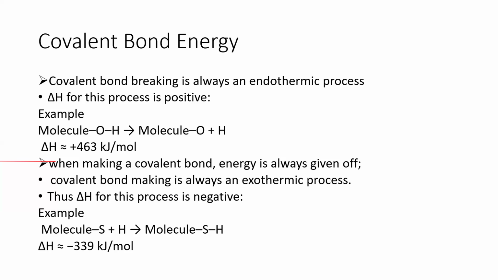For example, you have a molecule, and then you have oxygen, then you have hydrogen, right? So then you're going to get the oxygen bonded together with hydrogen, and then that H will be plus 463 kilojoules per mole. When making a covalent bond, energy is given off.